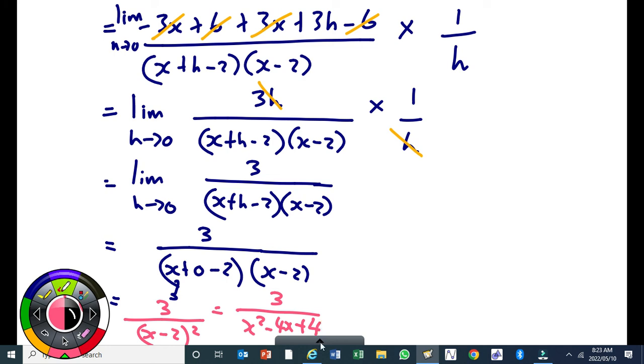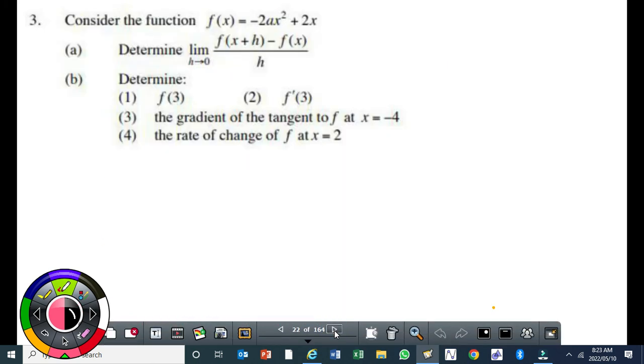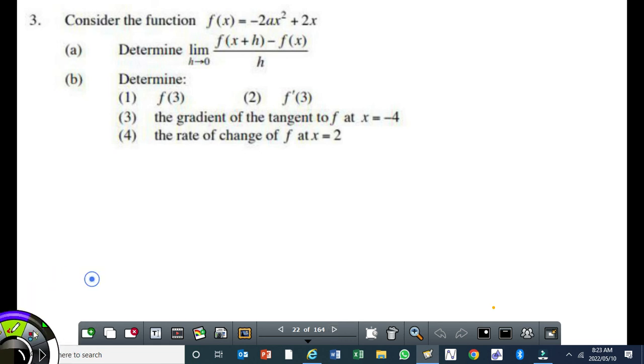Like, if you don't have any questions, just allow me to do a question on application of first principles, the gradient of a tangent at a point, and function notation. Okay, so I'm just going to go over this question here as an example, just to reinforce everything I've said over the past few days up to today.